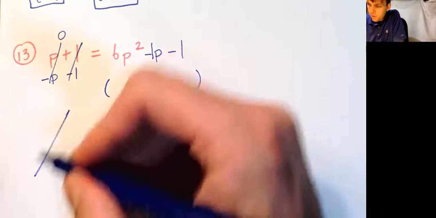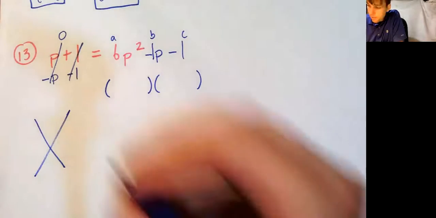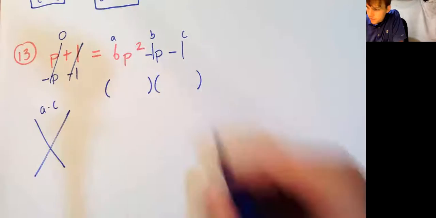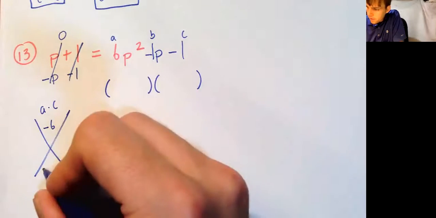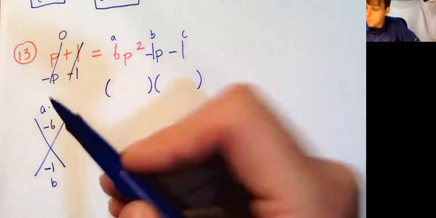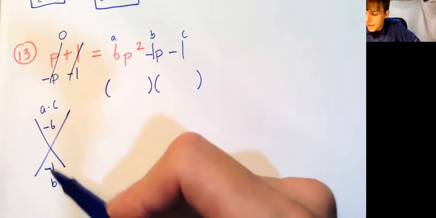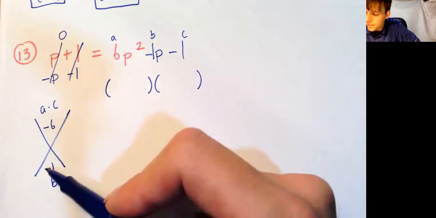Okay, so on top of my diamond problem, I do a times c, 6 times negative 1. And on the bottom, I put the b term, negative 1. And I look for 2 numbers that multiply to the top, add to the bottom. Multiply to negative 6, add to negative 1.